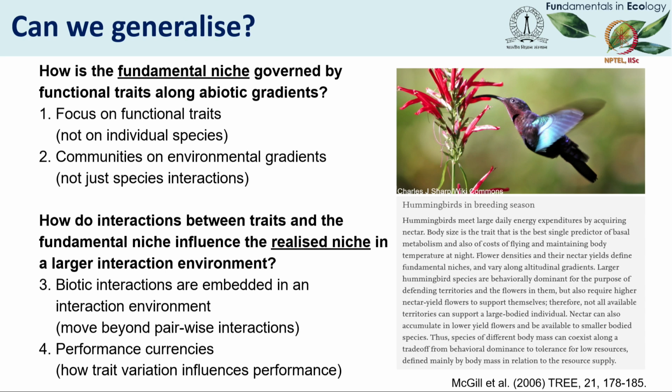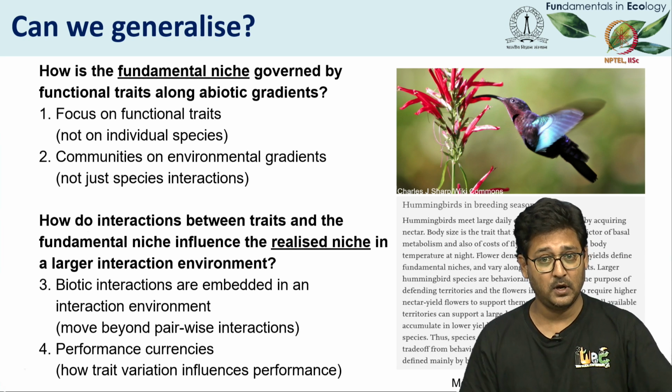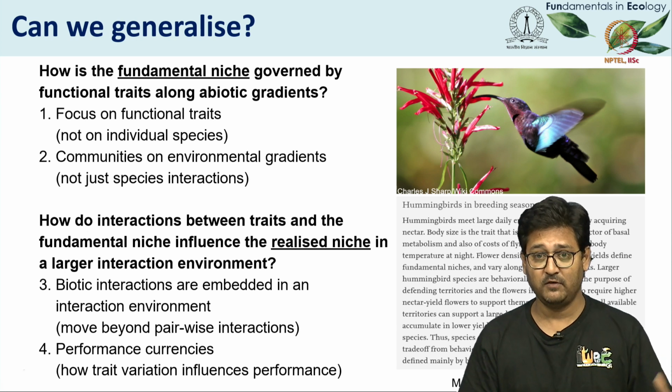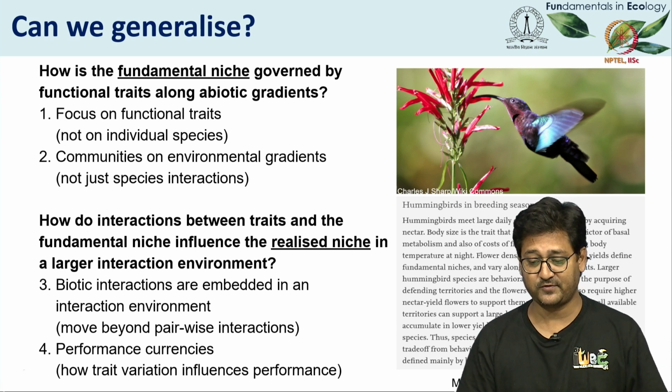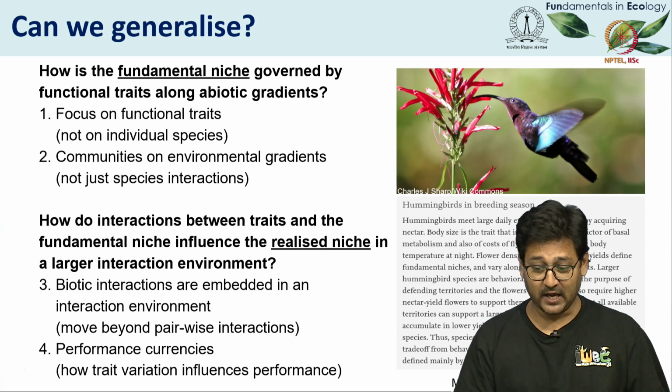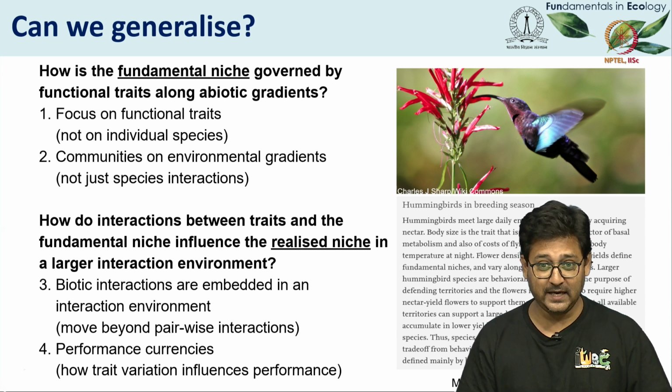Being bigger also means that in the hummingbird assemblage, you're a better competitor, because larger species can chase away smaller species from flower resources, from nectar resources. But larger size means that you also need more flowers, you need more nectar.